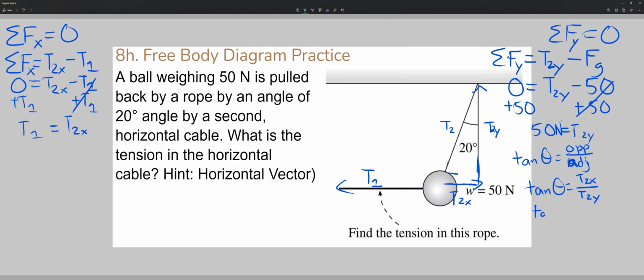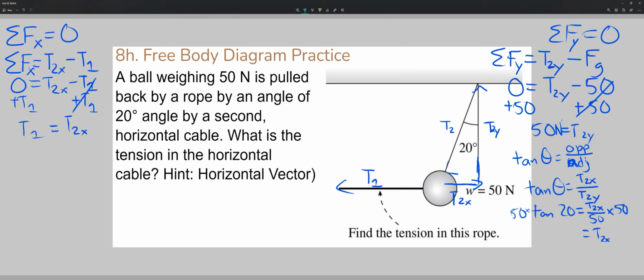So tan 20 degrees is equal to T2x over T2y, which is 50 newtons, which we saw above. So the tension along the x-axis along the second rope is 50 tan 20.